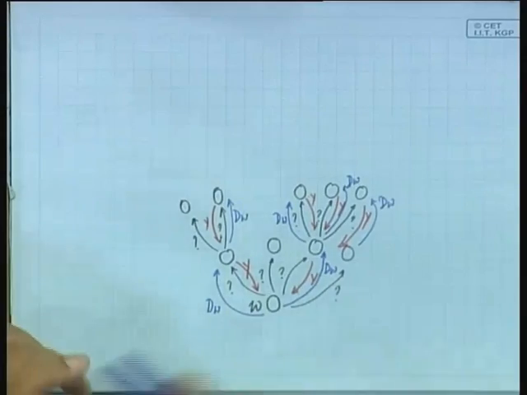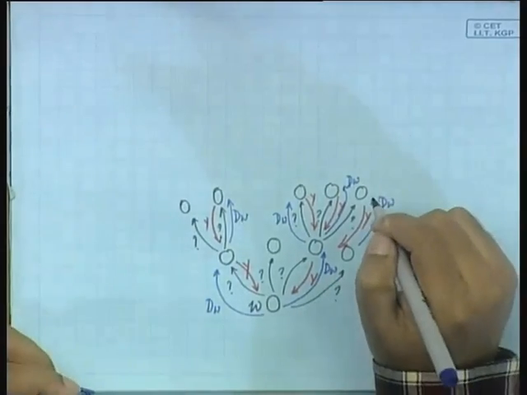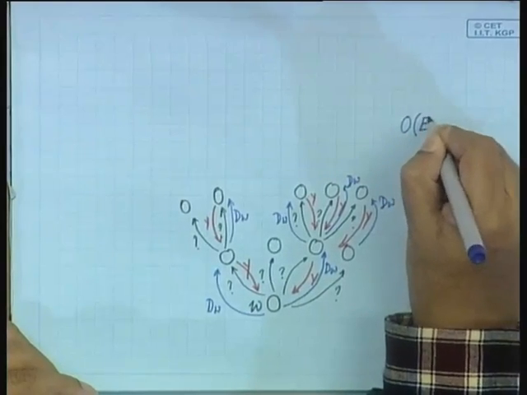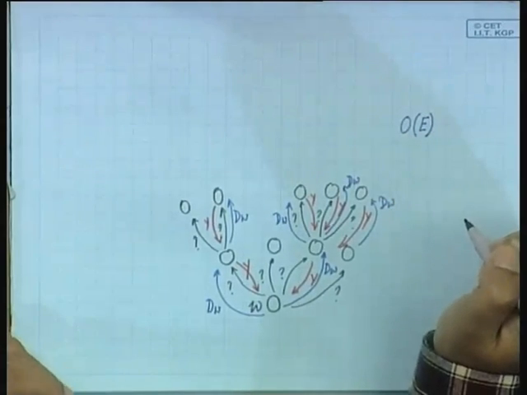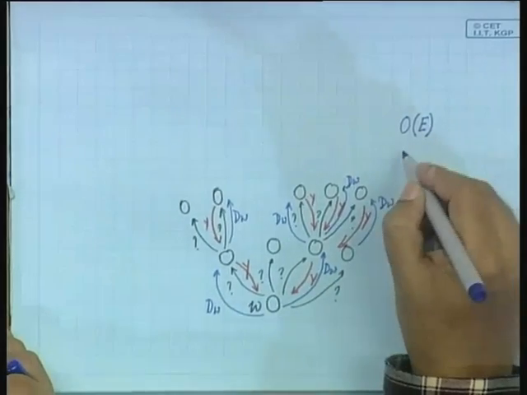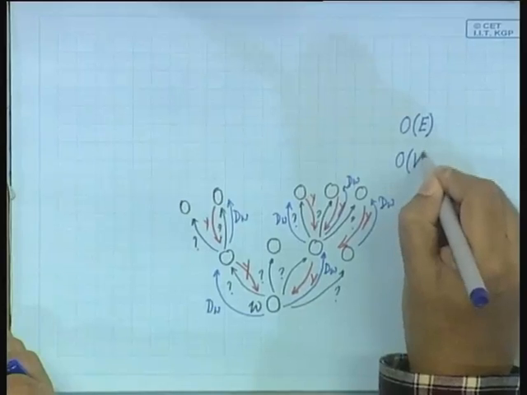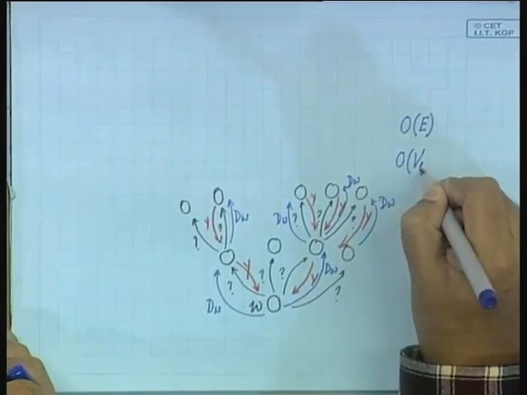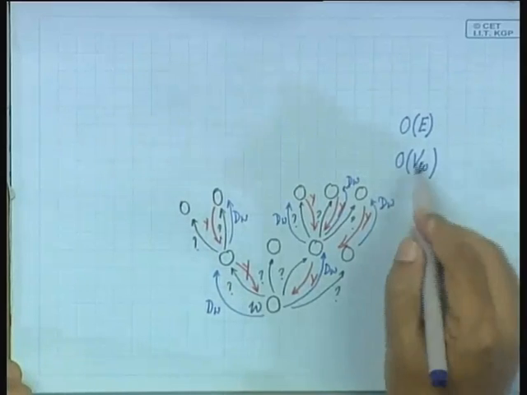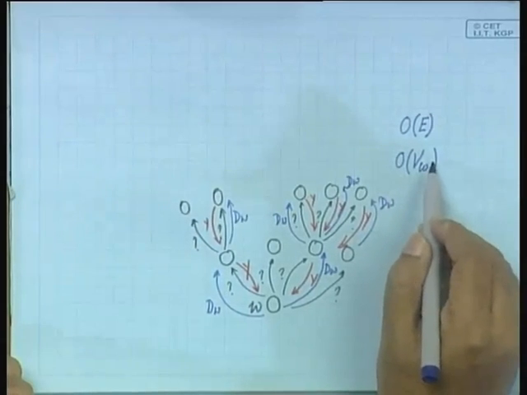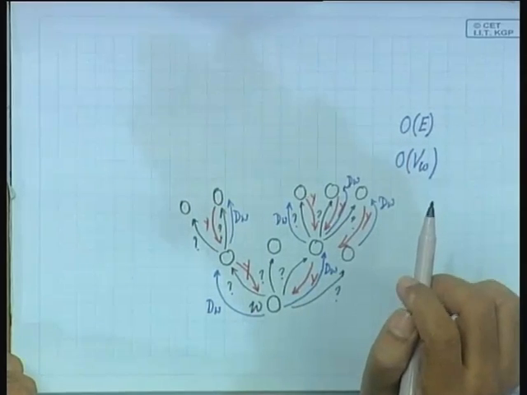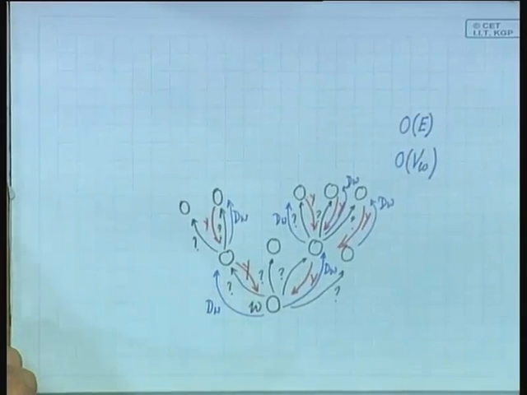So the number of messages being sent is order of E. And DW is being sent order of V_W times. This is the number of DW messages, and this is the total number of messages for the pivot round W.